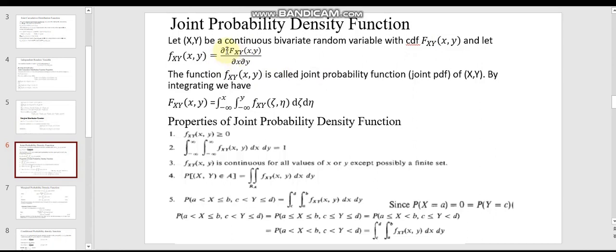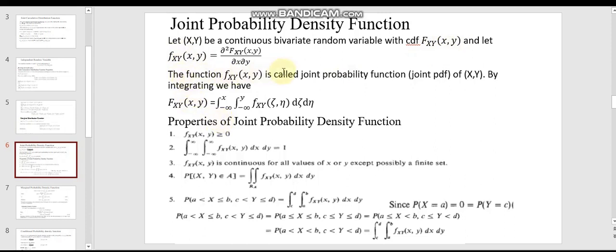By taking two derivatives, one with respect to random variable x and the other with respect to random variable y, this CDF changes to the joint PDF, the density function.